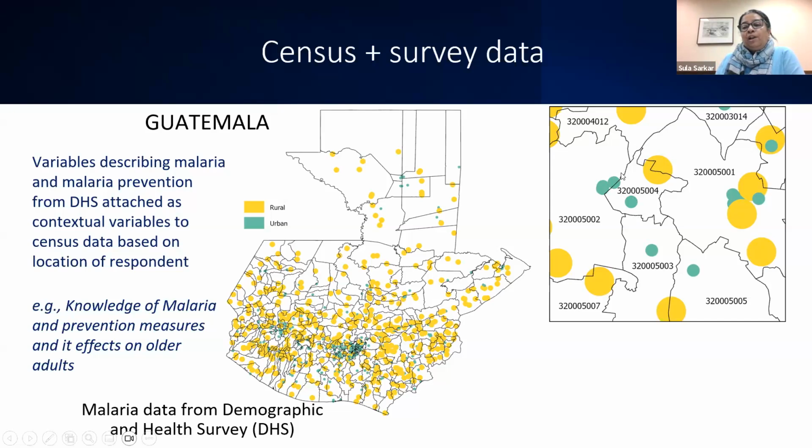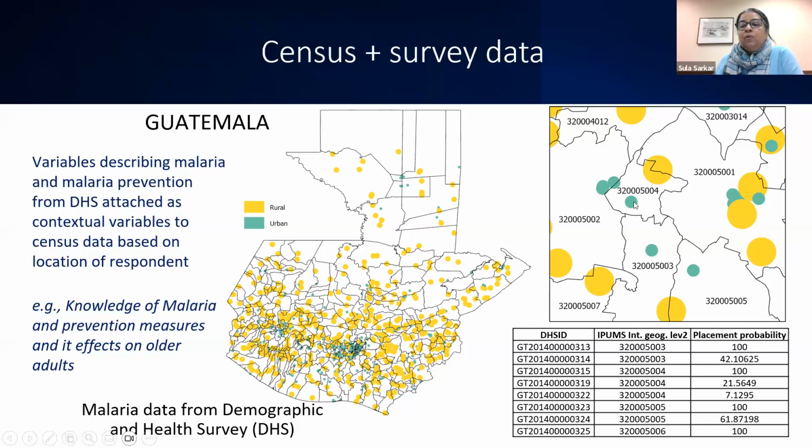And then we overlay census boundaries from IPUMS International. And these are the codes for each of the second admin level units. So it means that a point which is located here has 100% probability of falling within this unit, but a point which falls here has a probability of, let's say, 50% in this unit and 50% in this unit.